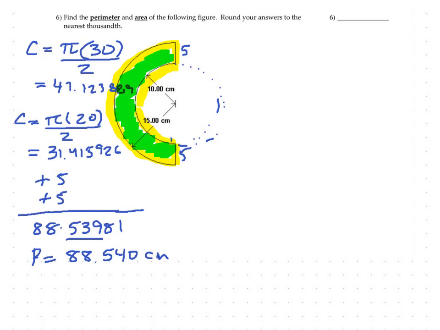So if you find the area of the entire large circle, and then subtract the area of the pink circle that you can calculate, you could subtract them to find the green. So let's start with the formula. The area of a circle is pi times the radius squared.